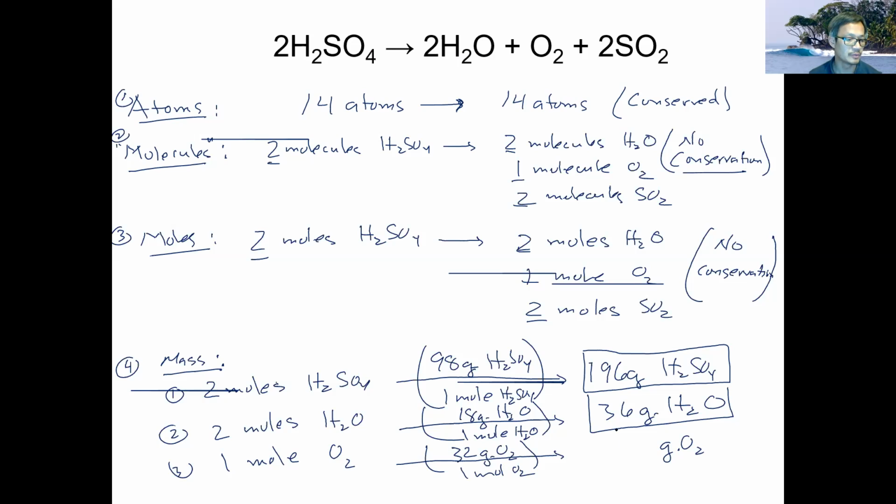And so therefore we end up with 32 grams of oxygen as well. So again, if 196 grams of H2SO4 decomposes, okay, we should end up with 36 grams of water, 32 grams of oxygen. And let me go ahead and erase this here to do the last part for you. Okay. So please make sure you have this written down.